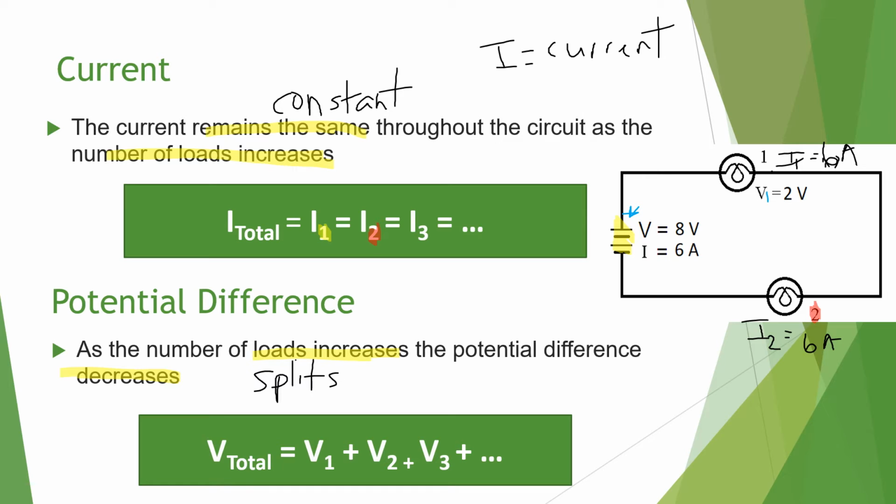So if at load 1 we have 2 volts and the total voltage is 8, then the voltage at load 2 must be 6 volts, because V total is equal to V1 plus V2. V1 is 2 plus 6 is going to give us 8, which we see is the total at the energy source.